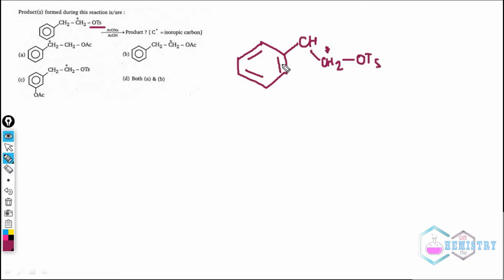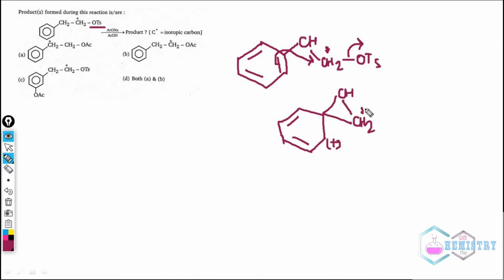This carbon, this bond will attack this carbon to remove the OTs group, and hence the product will be somewhat like this. There will be a positive carbon in the CH2 star.